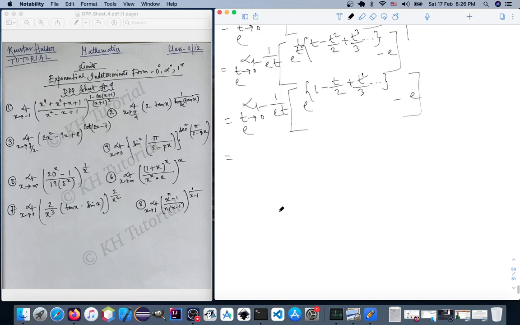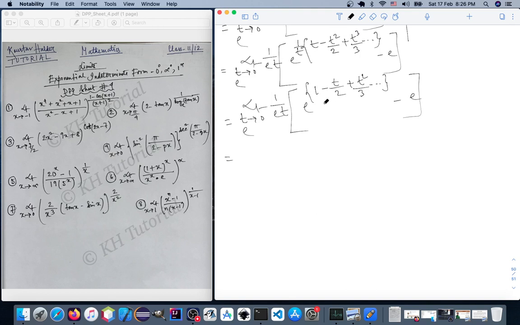So this equals 1 by e t. We take e common and put the rest inside: 1 minus t by 2 plus t square by 3, this, minus e.